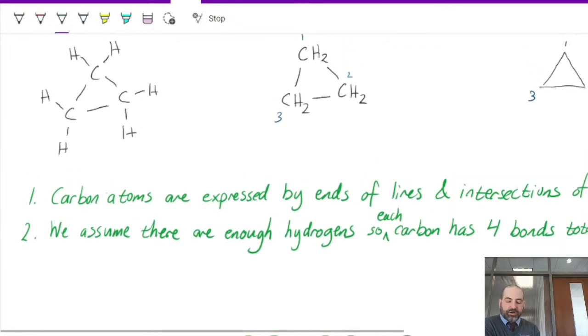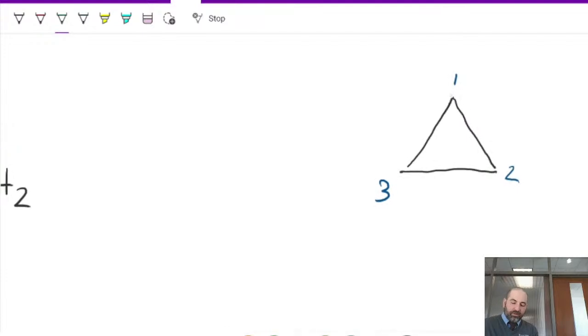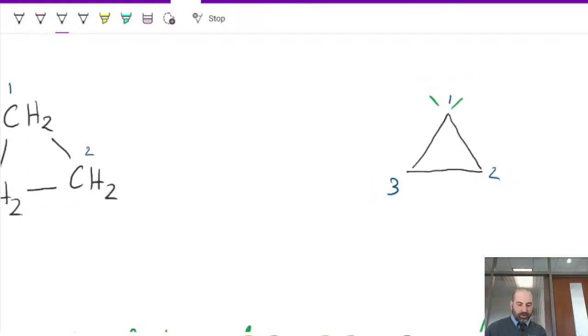So even though the hydrogens aren't shown, if we look at the triangle here and take one of those carbons, number 1, we can see 2 lines coming off of it. That's 2 bonds connecting to carbon 1, and so we can assume there must be 2 more hydrogens to make it up to 4 total connections.